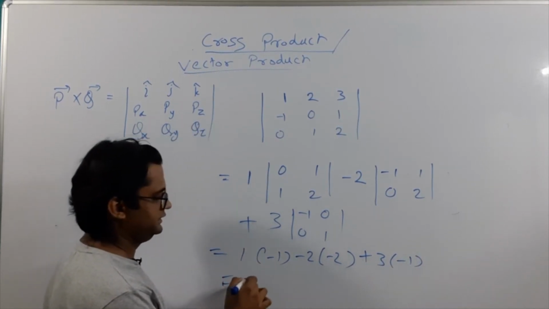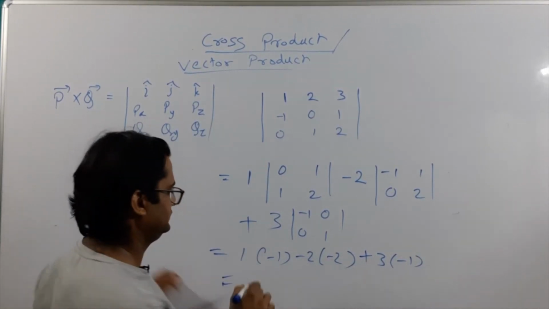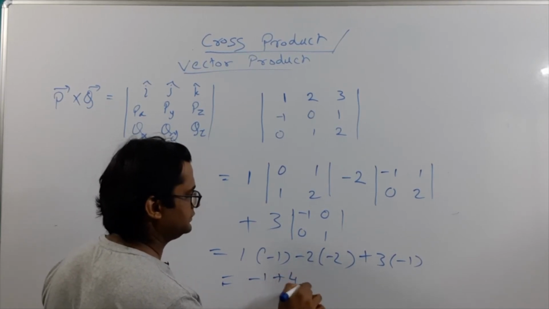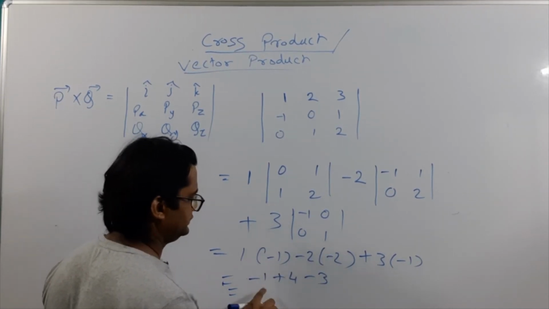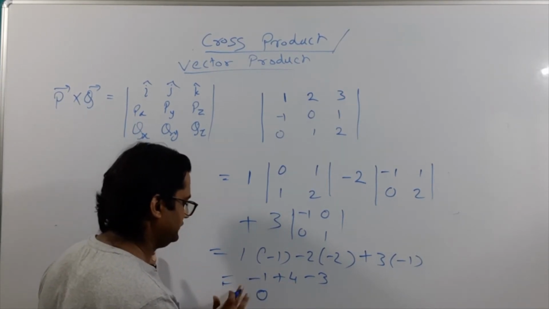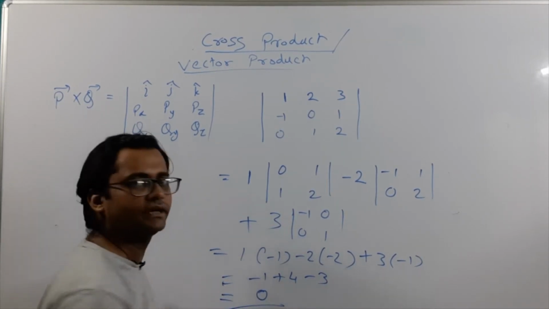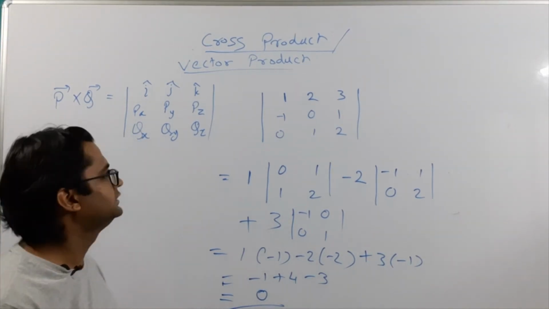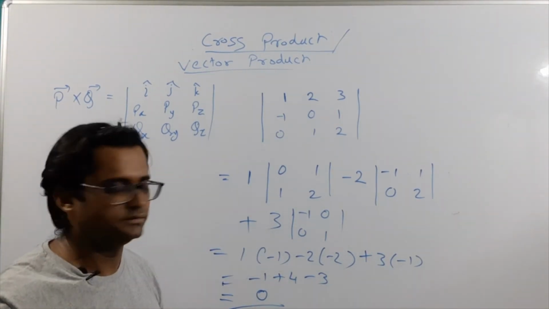So this will be -1 plus 4 minus 3. So this will be 4 minus 1 is 3, 3 minus 3 is 0. What we get here is 0. Our determinant answer is 0. So this is how we solve the determinants.